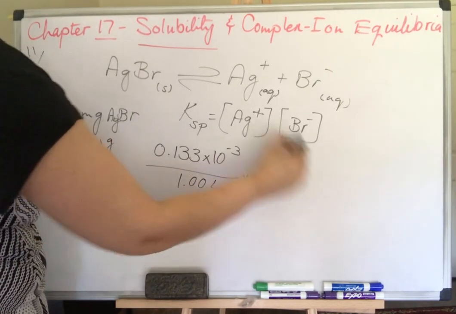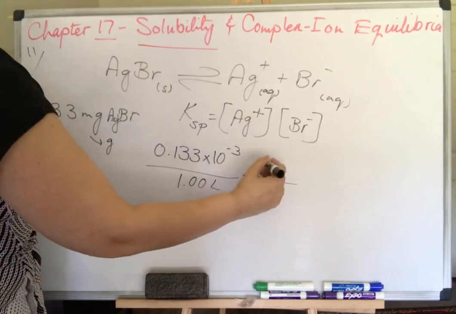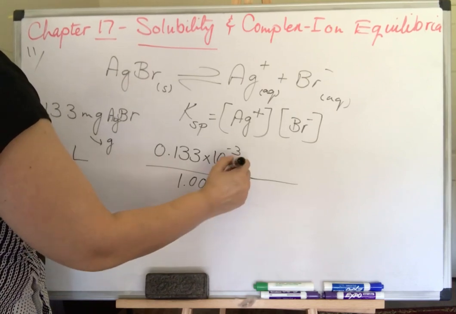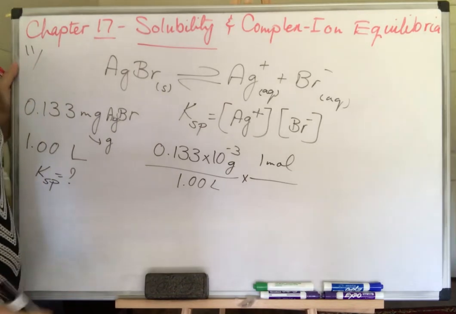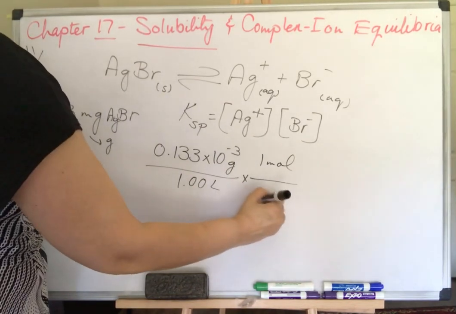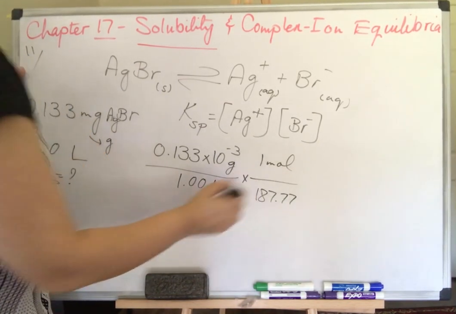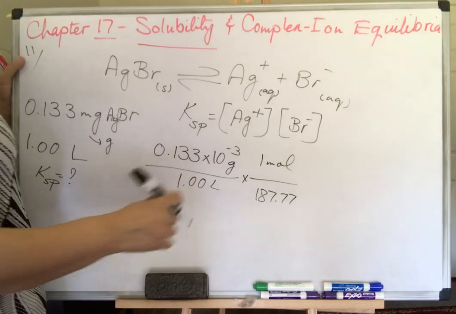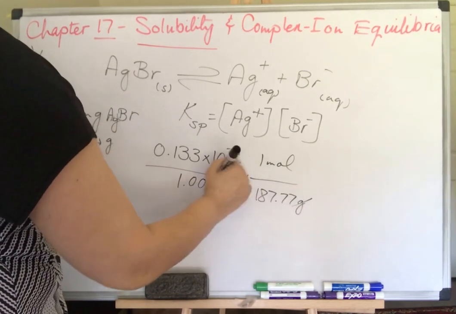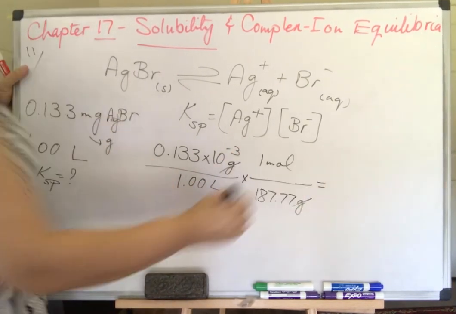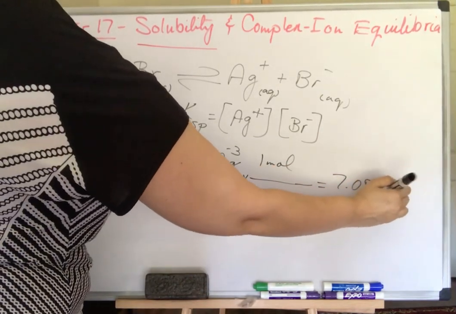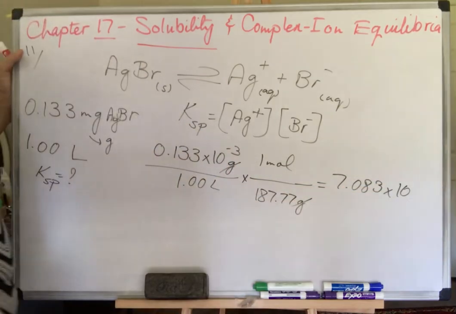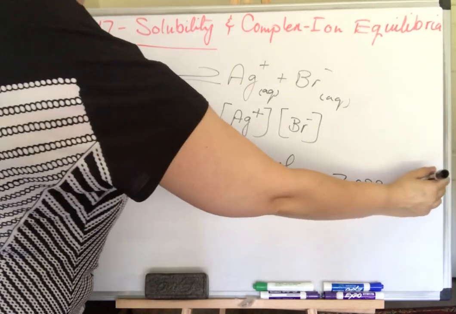Then use the molar mass of AgBr, which I'm getting from the PowerPoint slides, you might find a little bit more or less, but it's going to be the same. So it's going to be 7.083 times 10 to negative 7 molar.